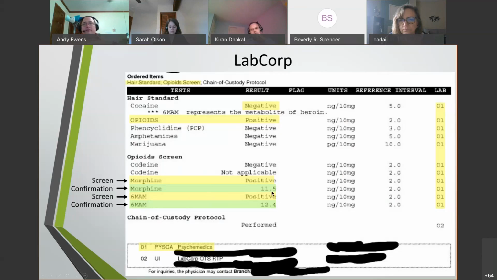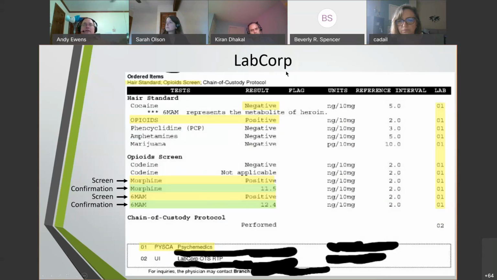So usually, if you're trying to differentiate whether or not the result was a screening test, which shouldn't be taken into court as evidence, from your confirmation test, it's whether or not they're giving you an actual number value for that concentration, or they're just saying positive versus negative. This one is kind of interesting.